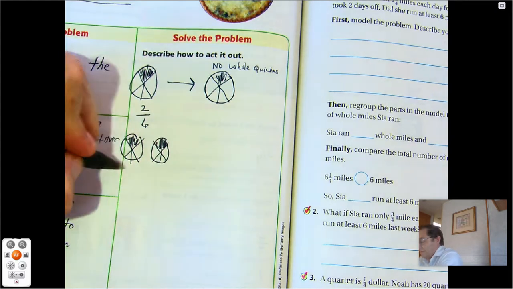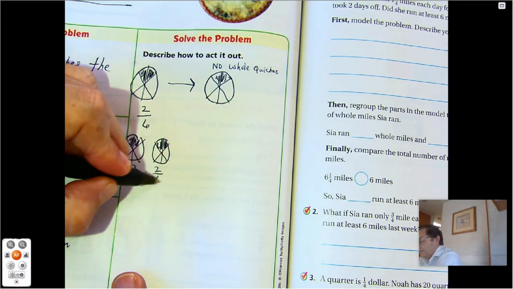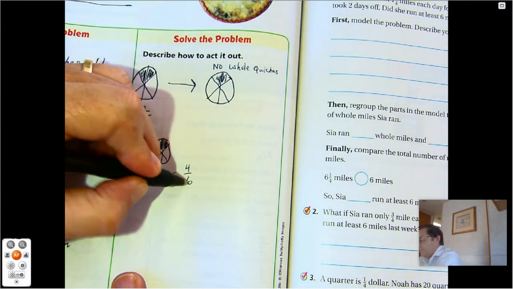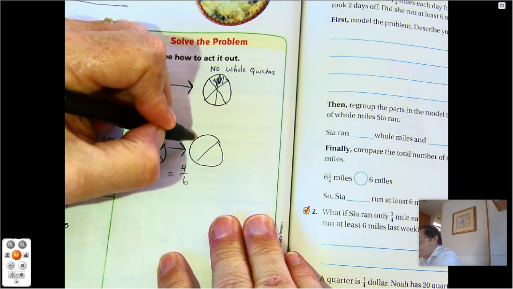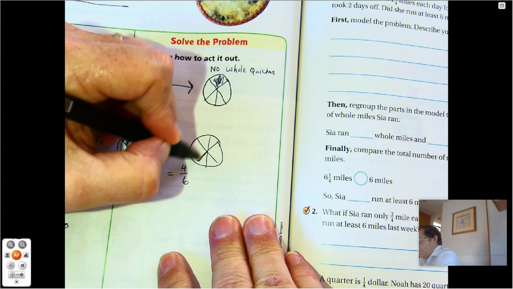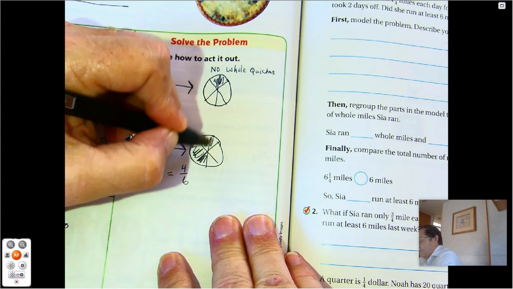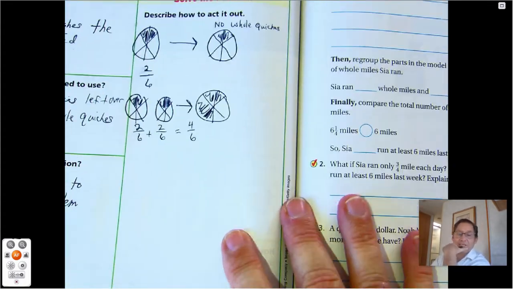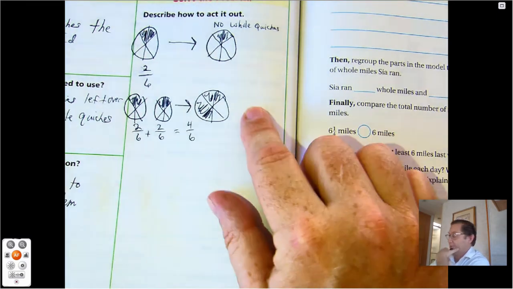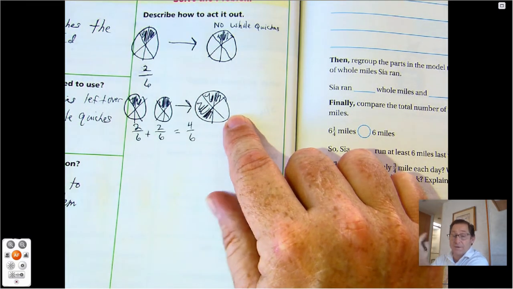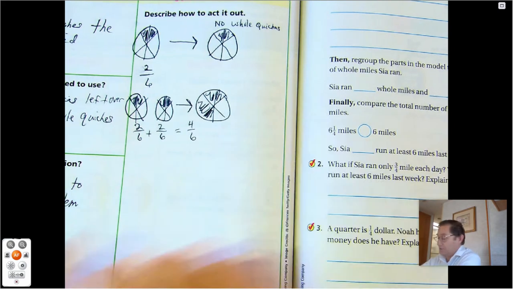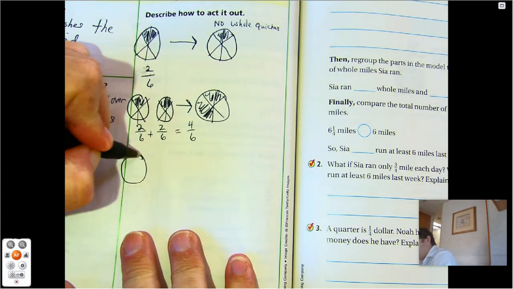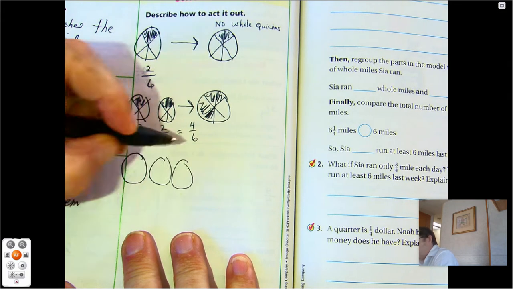All right, so this time we have 2/6 plus 2/6 gives us 4/6. All right, well, is that a whole dish? No, he still hasn't made one whole. We need to make 2 whole quiches. All right, so it wasn't 2 dishes. Let's try 3 dishes.